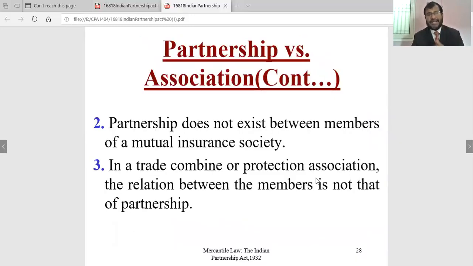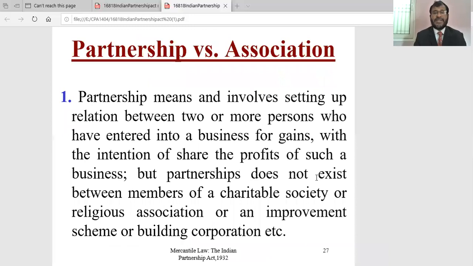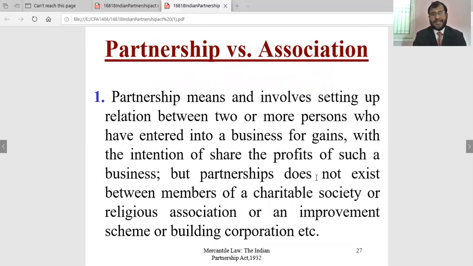And we will compare partnership versus association. Partnership involves a relationship between two or more persons who have entered into a business for gains with the intention of sharing the profits of such a business.